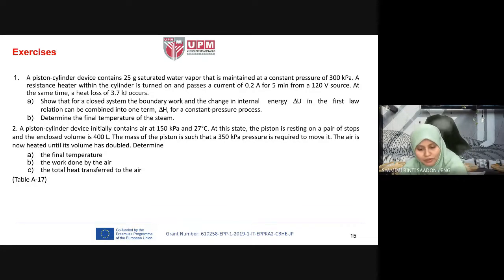If you don't have it, you can look at our WhatsApp group, where I shared some tables two weeks ago. The first one is Table A5, saturated water. You can use that one.